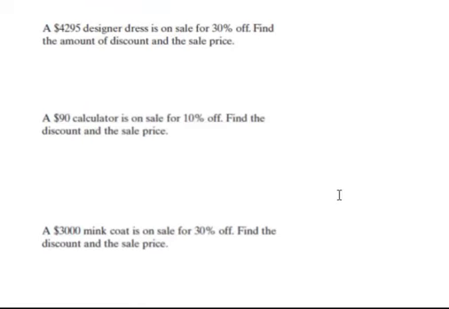It says a $4,295 designer dress is on sale for 30% off. Find the amount of the discount and the sale price. Okay, so we're going to take 0.30 times $4,295. That's going to tell me how much money we're going to save.